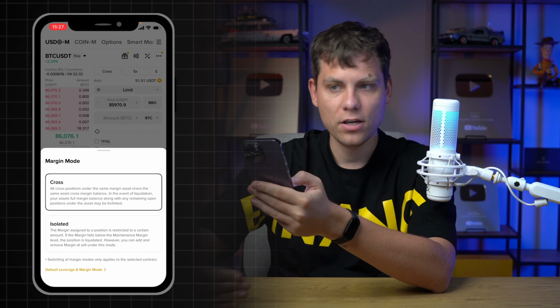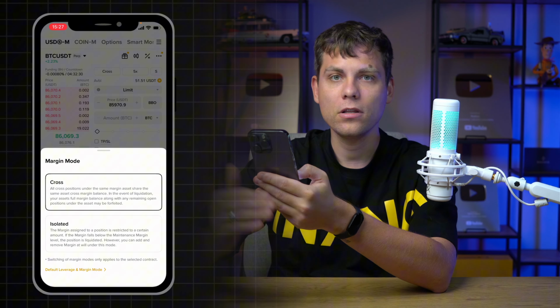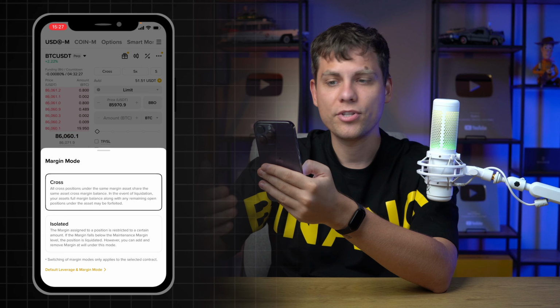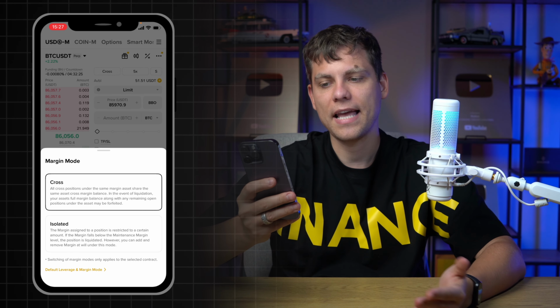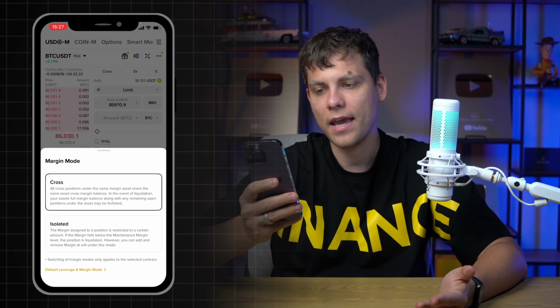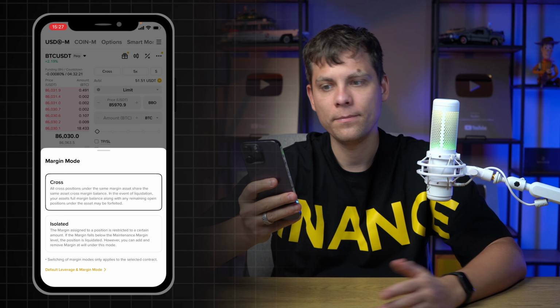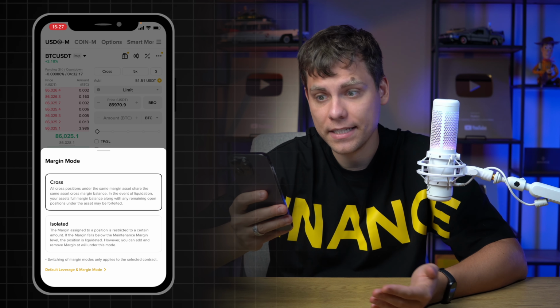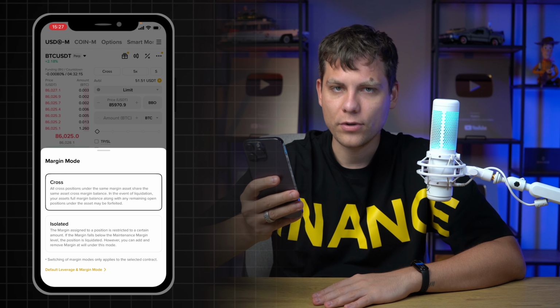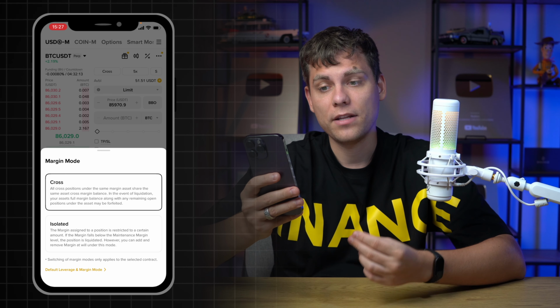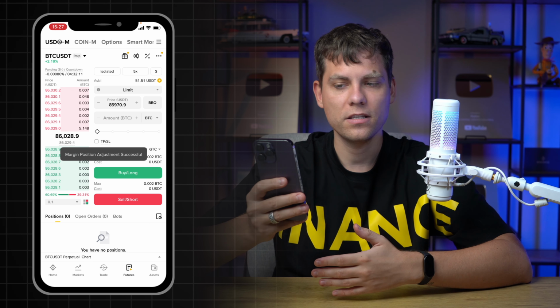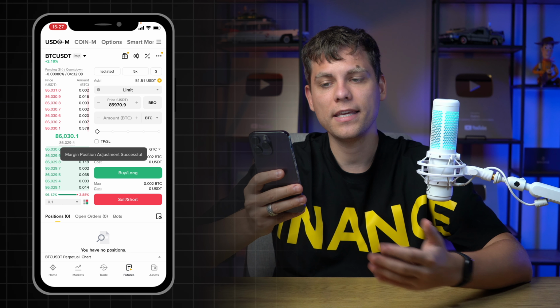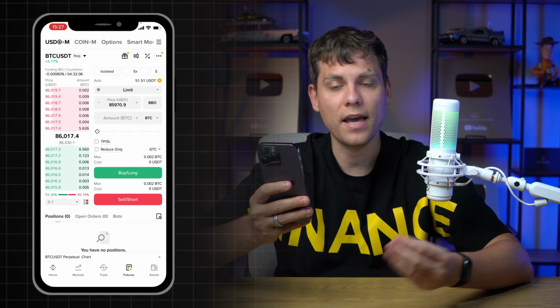This way, your liquidation price can be pushed lower, but there is a downside. If, for example, there is a flash crash like that one on October 10, your entire futures wallet can be liquidated, even if you have only one trade. That's why for beginners, I recommend using isolated mode. This means that only the funds you allocate to the trade are used as collateral.